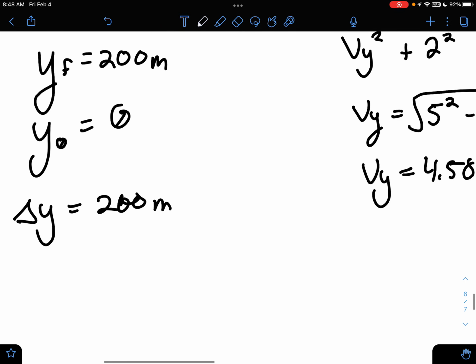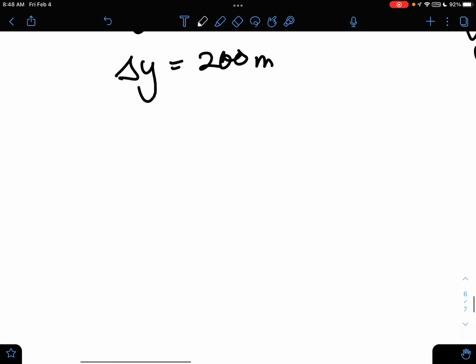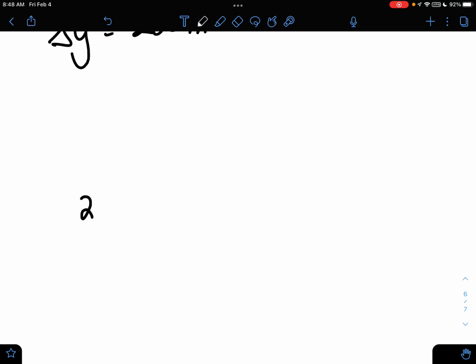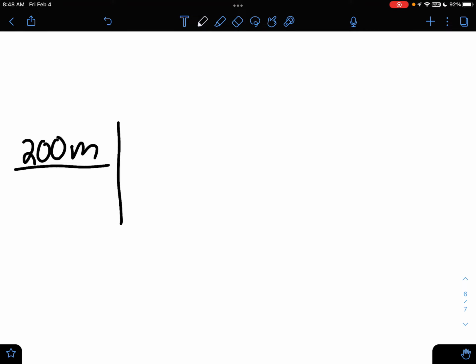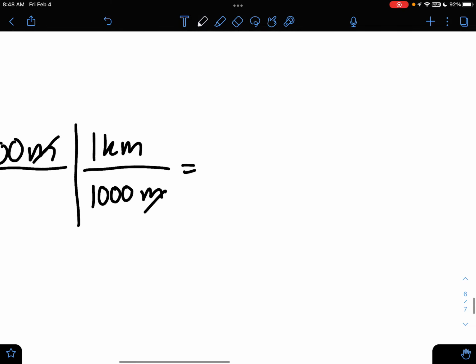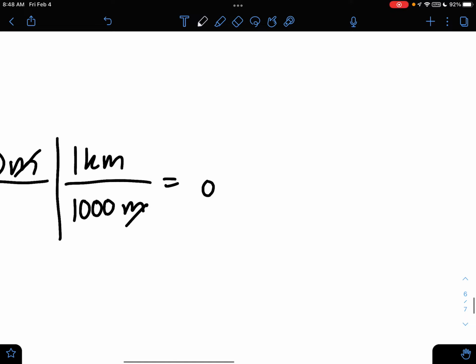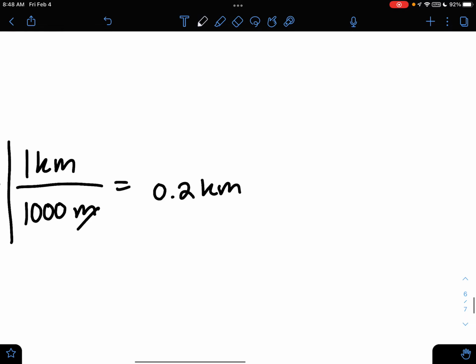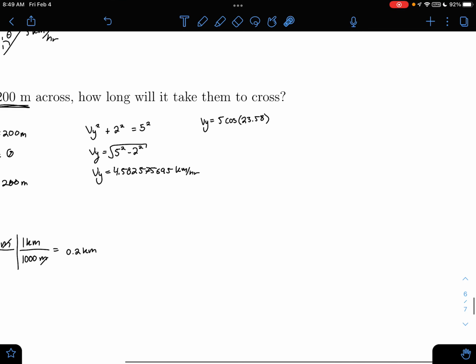I'm actually just going to convert the easiest unit to convert, meters, into kilometers. So 200 meters, and for every 1 kilometer is 1,000 meters. Meters cancels, and we're left with 0.2 kilometers. Cool. Now we have a distance traveled and a speed at which it is traveled, right?